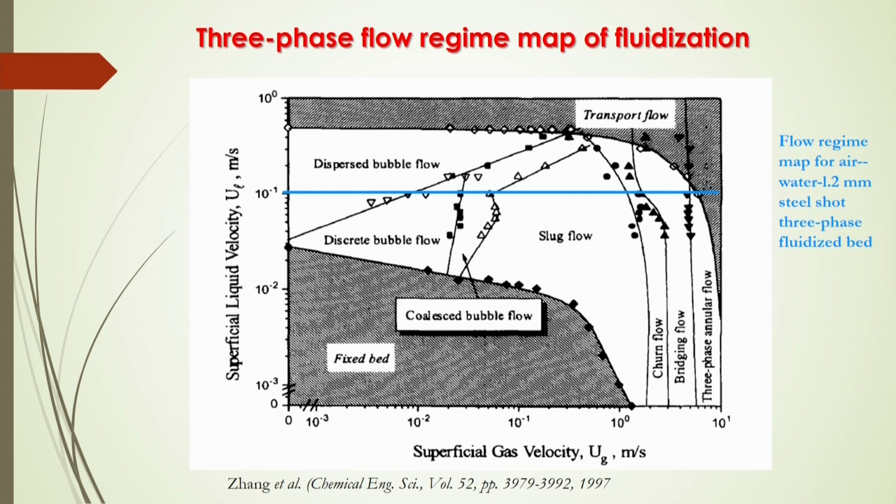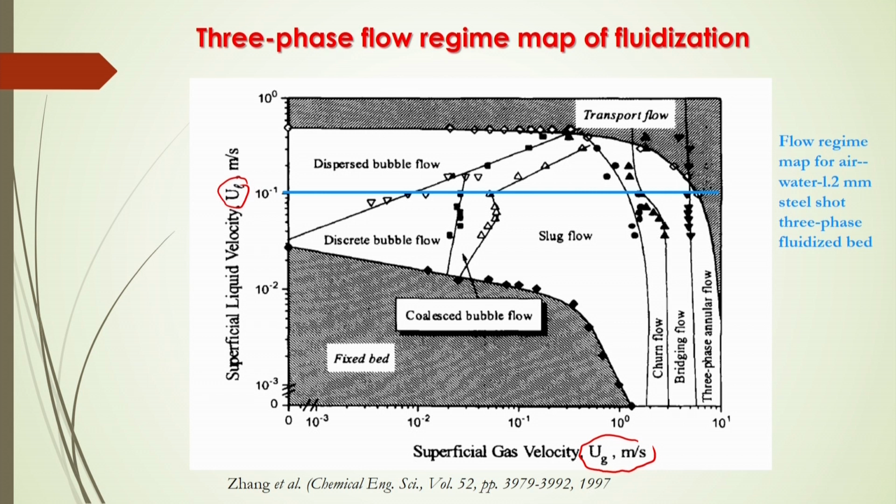Here see, this flow regime map is represented by the superficial gas velocity and the liquid velocity: the superficial gas velocity on the x axis and the superficial liquid velocity on the y axis. Now, if you change this gas and liquid velocity, you will observe different flow regimes in this 3-phase fluidized bed.